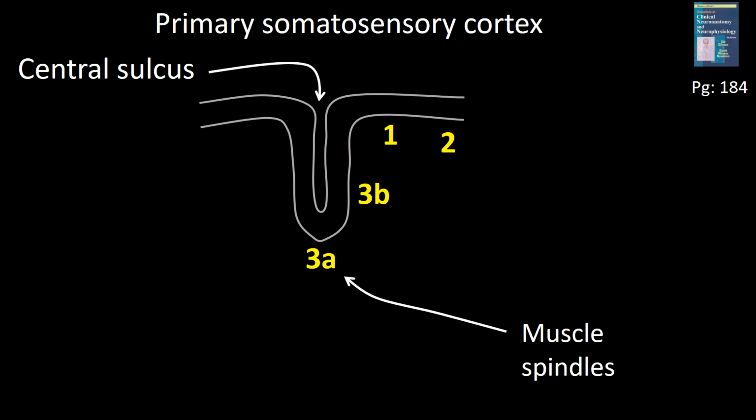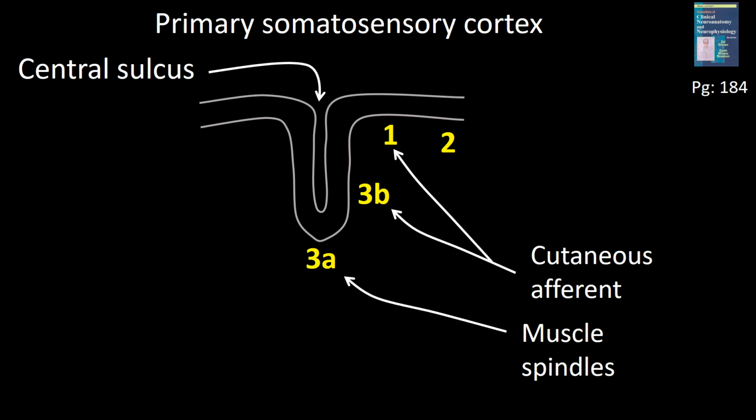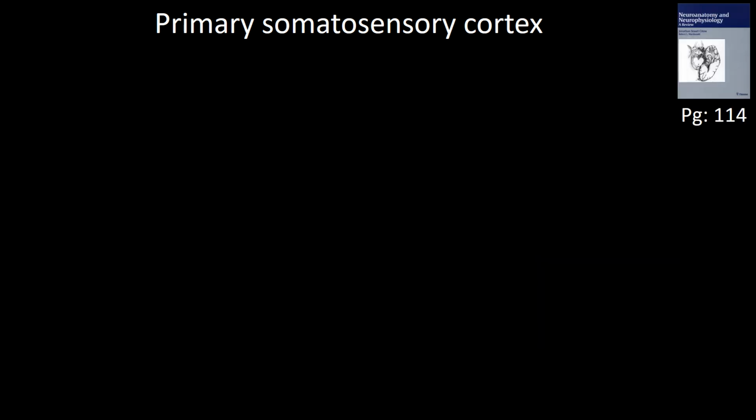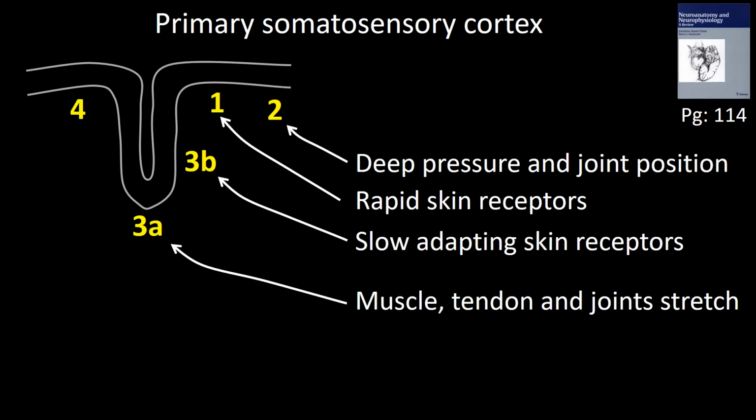The 3A region is activated by afferents from muscle spindles. Cutaneous afferents activate areas 3B and 1. Area 2 is activated by joint afferents. Not all books agree with this representation. In the book shown in this frame, the different functions are given and a slightly different localization.